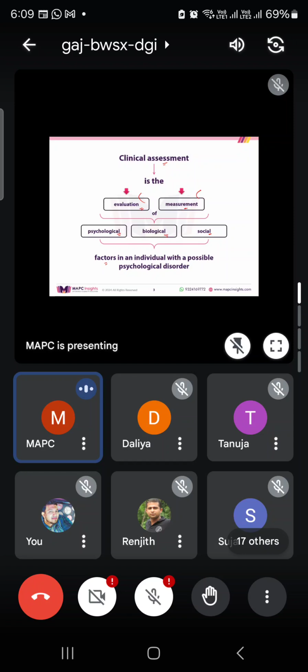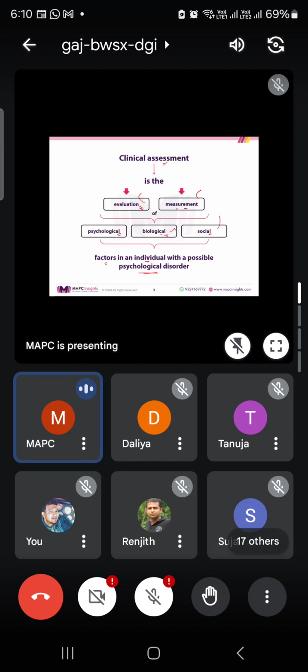The psychological factors are like depression and everything. Biological is like heart rate and all those things. Social is like emotional intelligence and those kinds of things. So we are evaluating and measuring these factors in an individual with a possible psychological disorder.